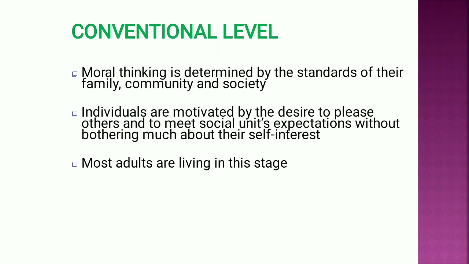We might have seen people sacrificing their own ideas and wishes in order to satisfy other people they are related with. That level is called the conventional level. Most adults are living in this stage. We are doing many things for our family and the people we care for.